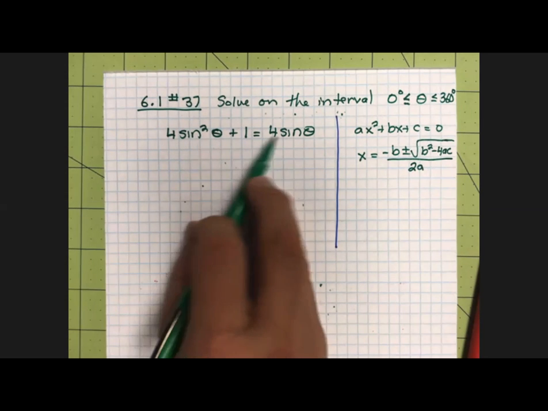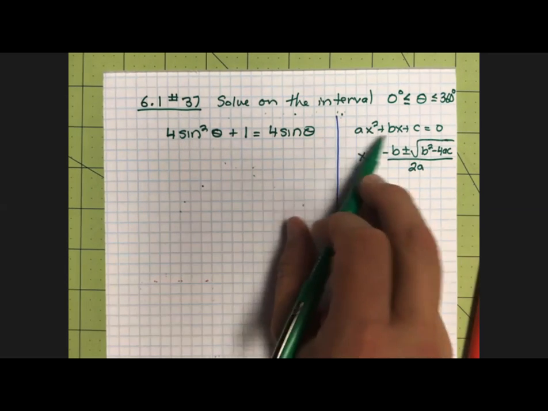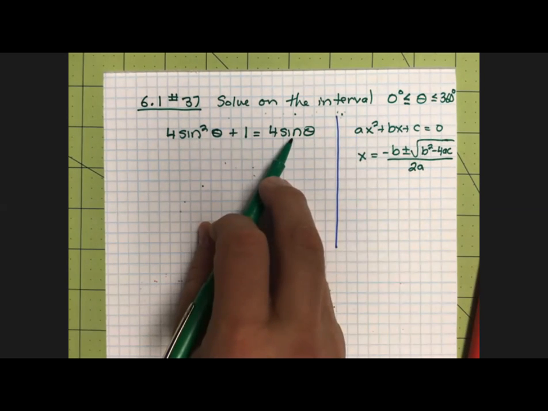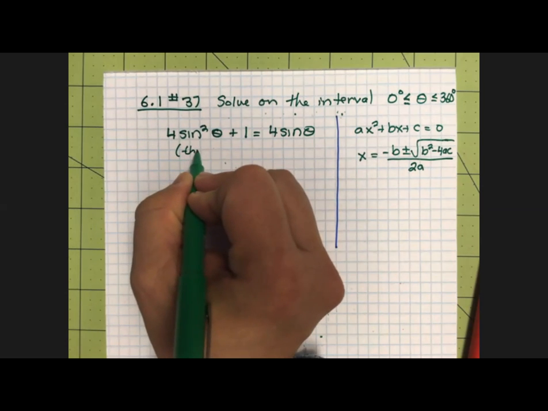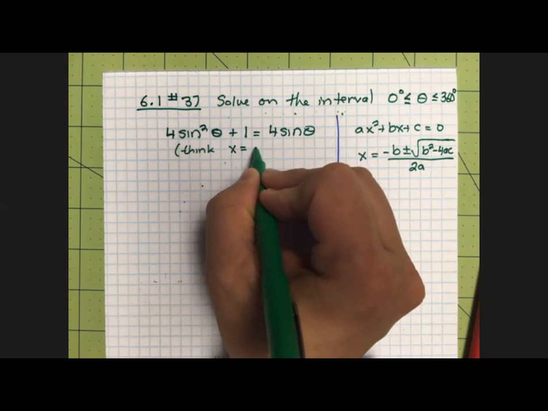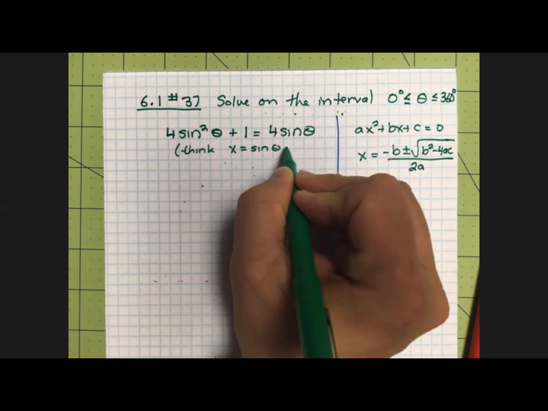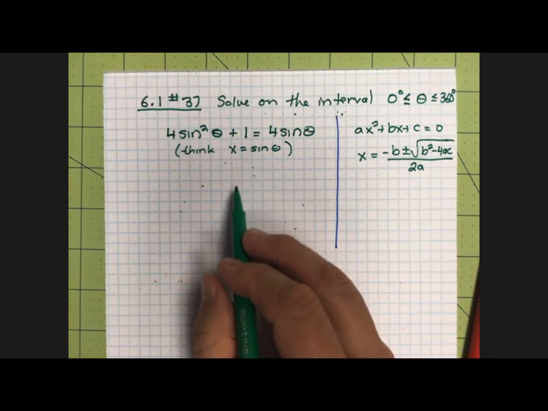How do I see that here? I see that I have an equation here, but instead of x squared and x, I think I have sine squared and sine. So I'm thinking in my mind, x is like the sine theta. I don't necessarily want to formally write that like that.